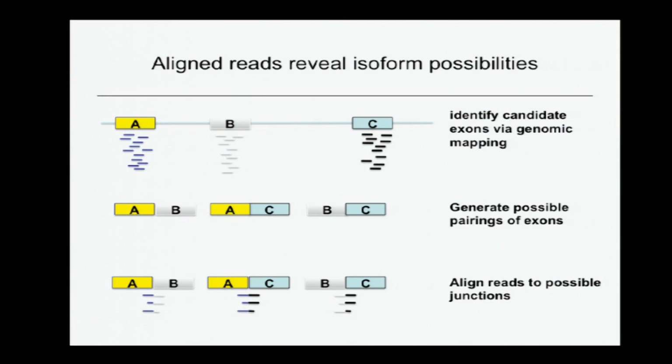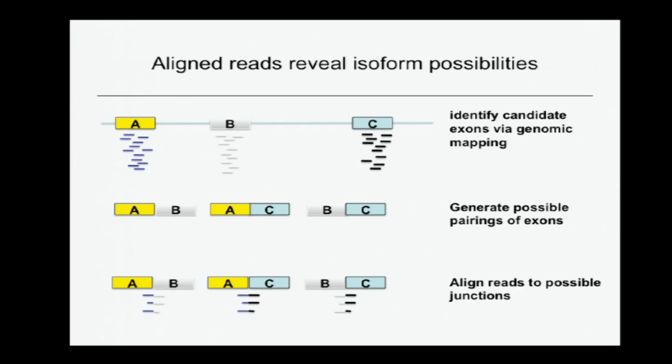So if we consider this, once again, we're going to take our reads, we're going to map them to the genome, and we're going to look for all possible pairings of exons. What we would like to do is to enumerate all of the possible isoforms that are possible given the data that we have. And we can use junction crossing reads and other methodologies to enumerate all the possible isoforms.